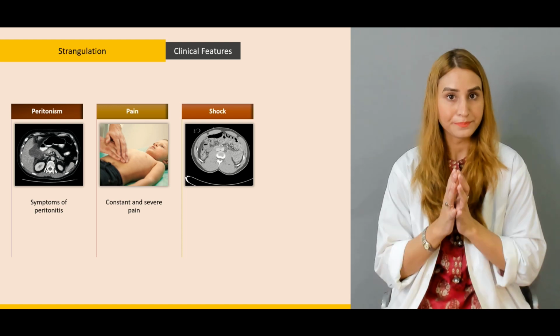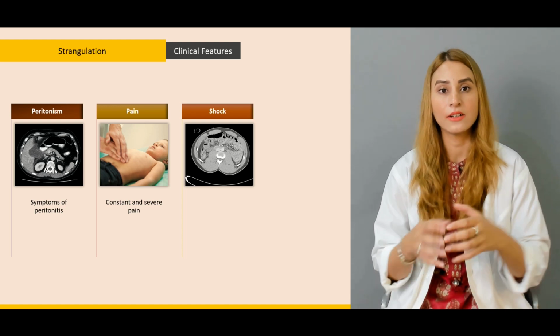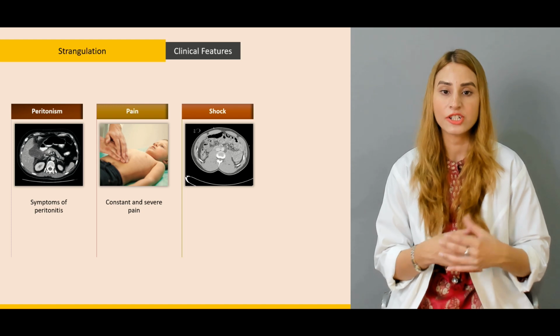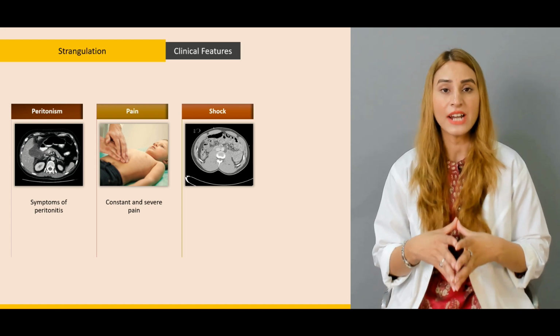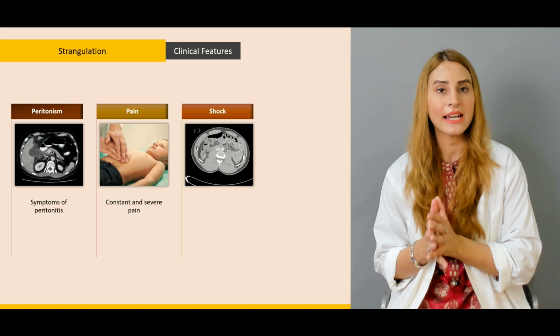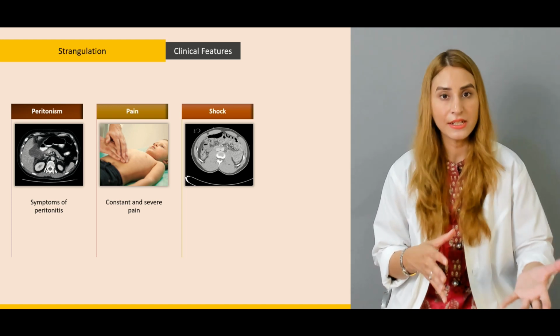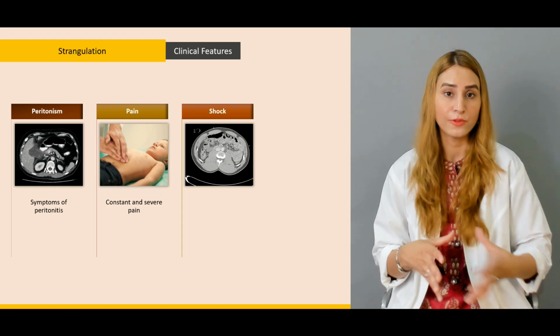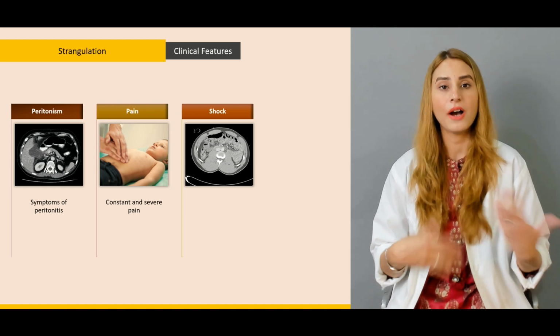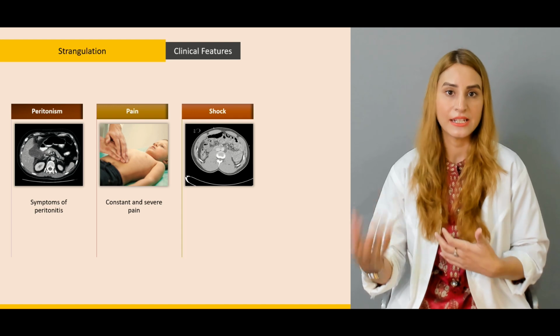Whenever there is intestinal obstruction that leads to strangulation, ultimately that can lead to shock. Why? Because there's hypovolemia, dehydration, and fluid loss as well. All of these contribute to the condition of shock.